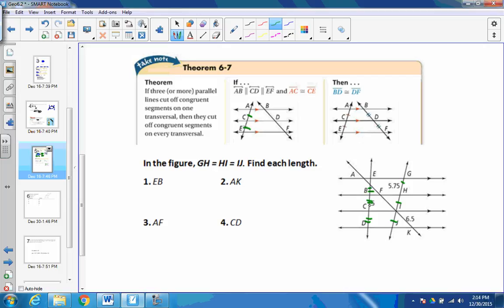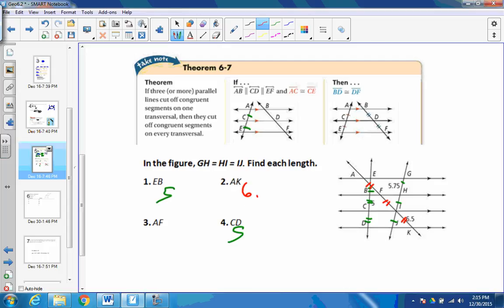So if we know that BC is 5, we need to find EB, so that would be also 5. We can also figure out that CD would be 5 right there. Alright, and then also this other transversal, I'll use red. Since that's 6.5, this is going to be 6.5, this is going to be 6.5. Alright, so they're going to be each 6.5.